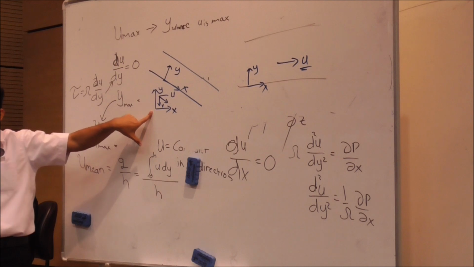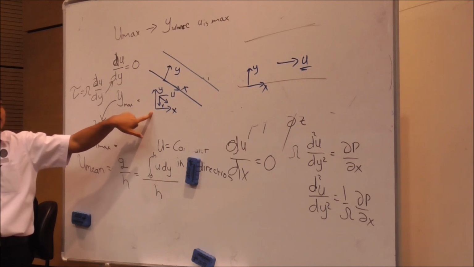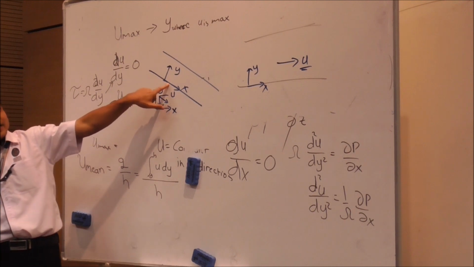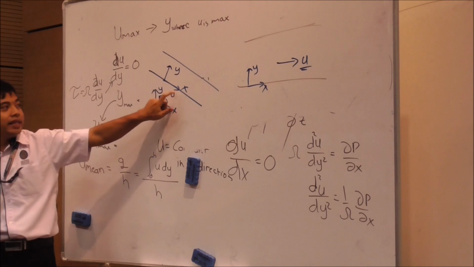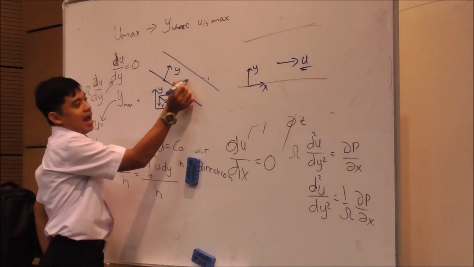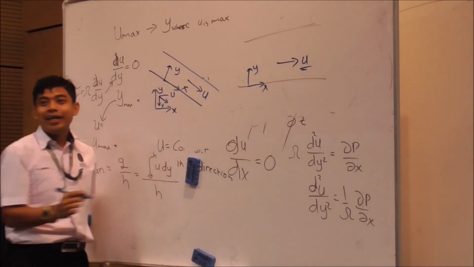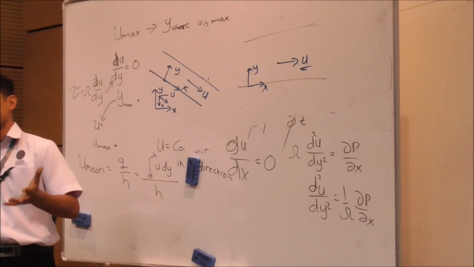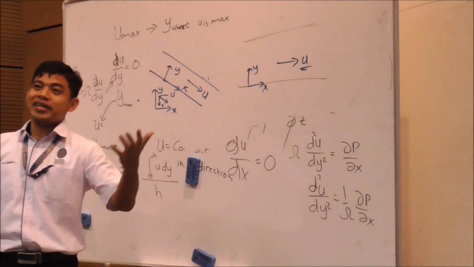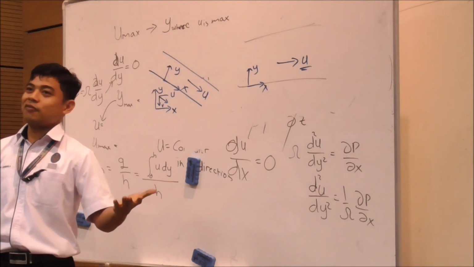So long as you know how to solve it, I'm okay with that. But in this case, I will follow this. With this, I still nicely get only U. I do not have any V, which means my V and W are still 0. Lovely. Because then I know I can solve it.